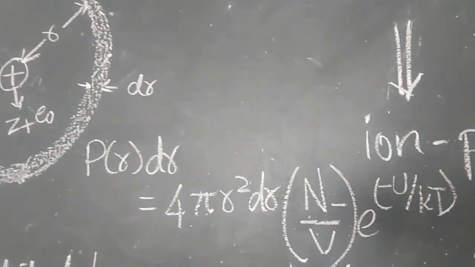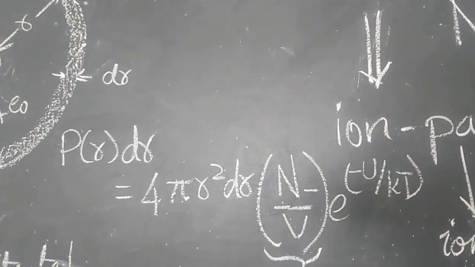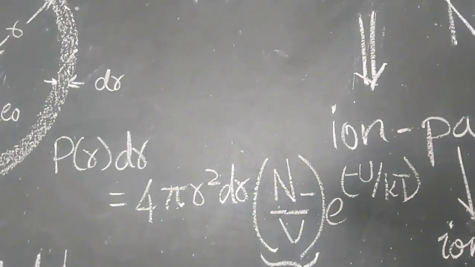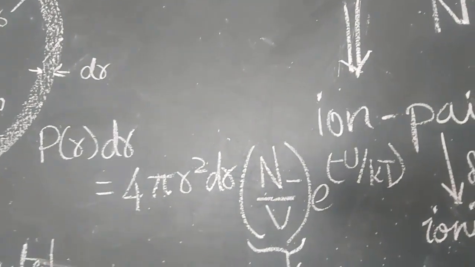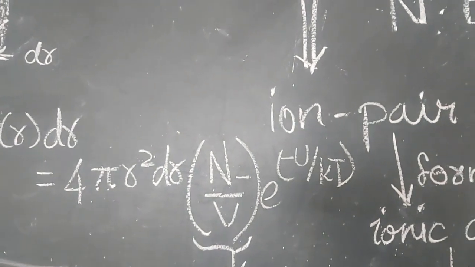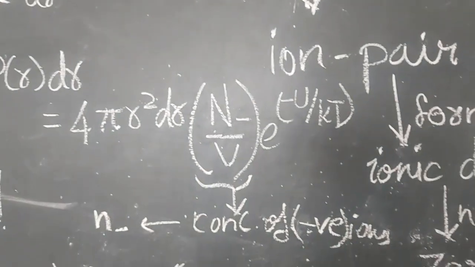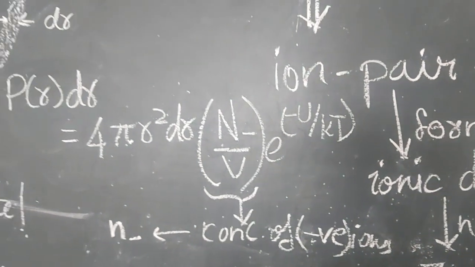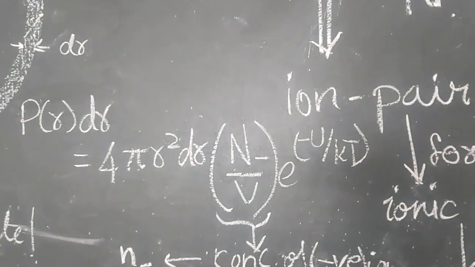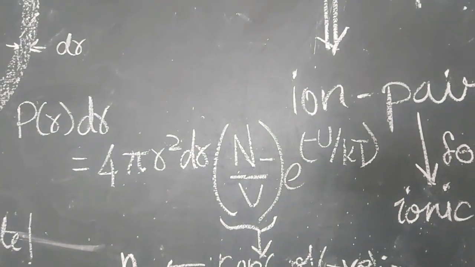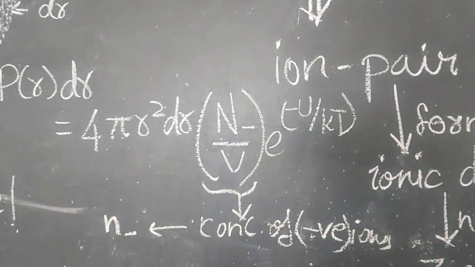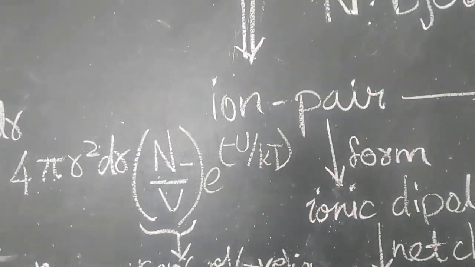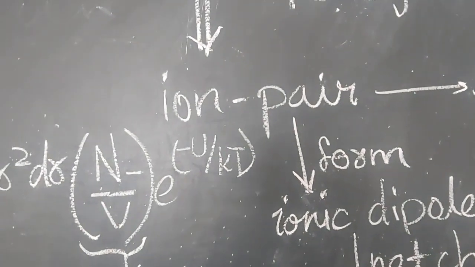Then we will have 4 pi r square dr, as you all know the formula for the sphere, and n minus divided by v. n minus is the concentration of negative ions present in the solution, v is the volume of the solution, so we consider n minus by v as small n minus, with the exponential of minus u divided by kT.